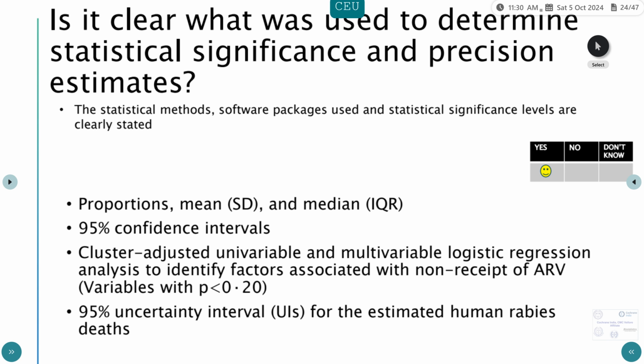Then coming to non-receipt of vaccination, they have used univariable and then multivariable logistic regression analysis. And they have mentioned that the model that finally went into establishing the multivariable logistic regression used variables from the univariable analysis with a p-value of less than 0.2. At the end, from the decision tree model, they have mentioned 95% uncertainty intervals for the estimated human rabies deaths.